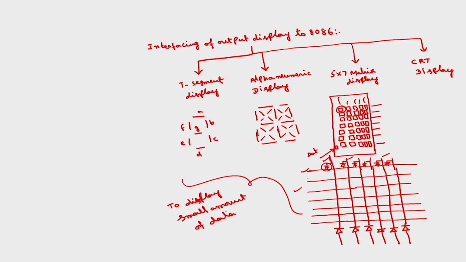To display a small amount of data, we can use either a 7 segment display, an alphanumeric display or a 5/7 matrix display. Whereas this last one, the CRT display, most computers use, whereas microprocessor kits or some instruments use these LED displays. So, a CRT is used to display a large amount of data.